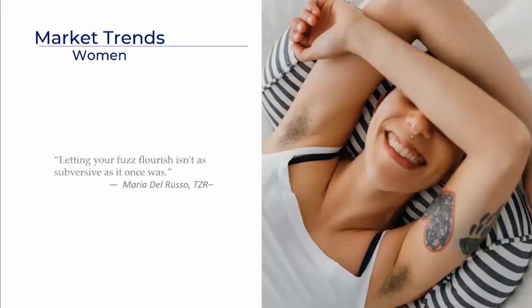So in this big market, there are different trends, and the trends are good for us. The first trend is about women letting their hair grow, especially in the armpits. This is still a very small trend, and it's not sufficient to be concerned. Even though there have been some highlights about this trend, it is not important to us, and let's understand that this is only about armpits.